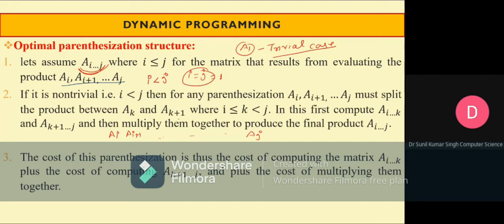Maybe Ak is here, and then of course Ak+1 will be the next one. So it will split from here, or recursively we can split here also, and then here also.